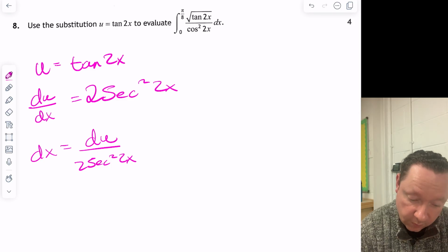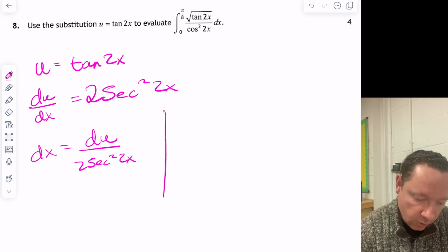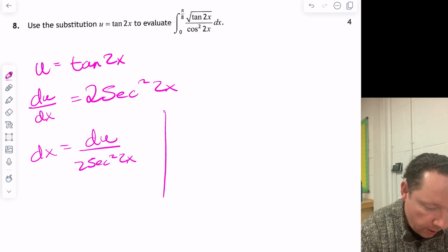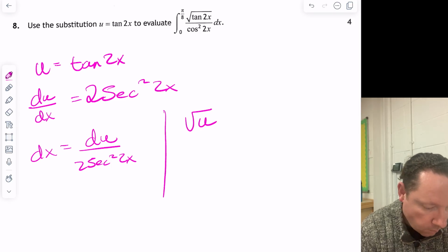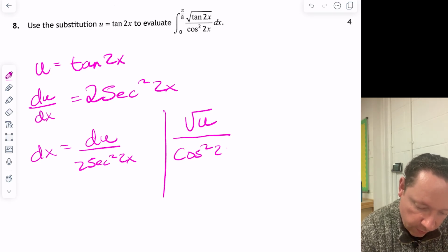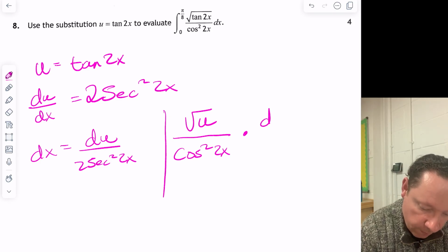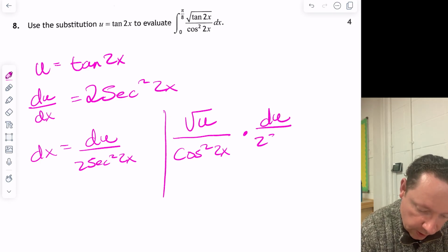Now you might not be able to see what's going on, so just sub it in and see what happens. So let's have a look. Root tan 2x, well, u is tan 2x, so that's the root u I've got. And then we've got cos squared 2x on the bottom. I don't know what that is, so let's just leave it where it is. And I'm timesing that by du over 2 sec squared 2x.